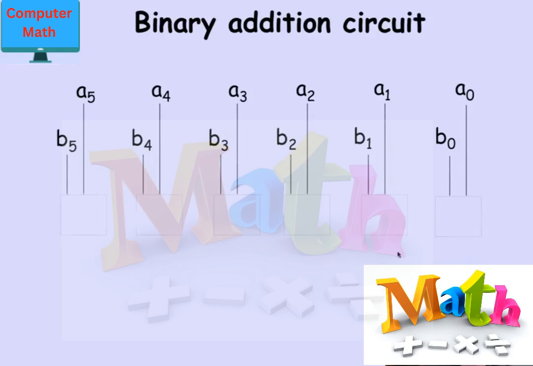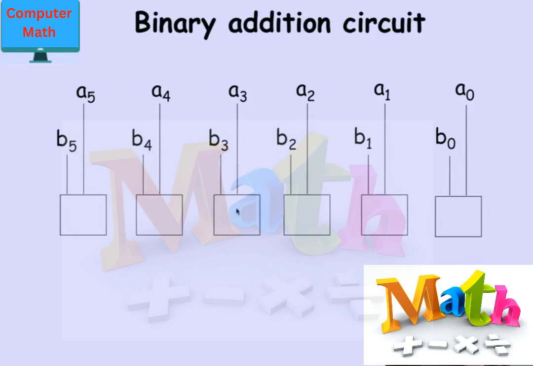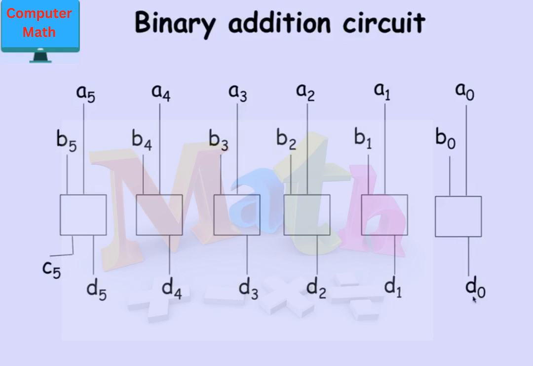And these can be transmitted down wires into some boxes that contain digital operators that will cause the right signals to come out. And what we want to come out of here is the possibly 7-digit representation of their binary sum. So D0 is the sum of A0 and B0, the lower digit, possibly with a carry, and so on.